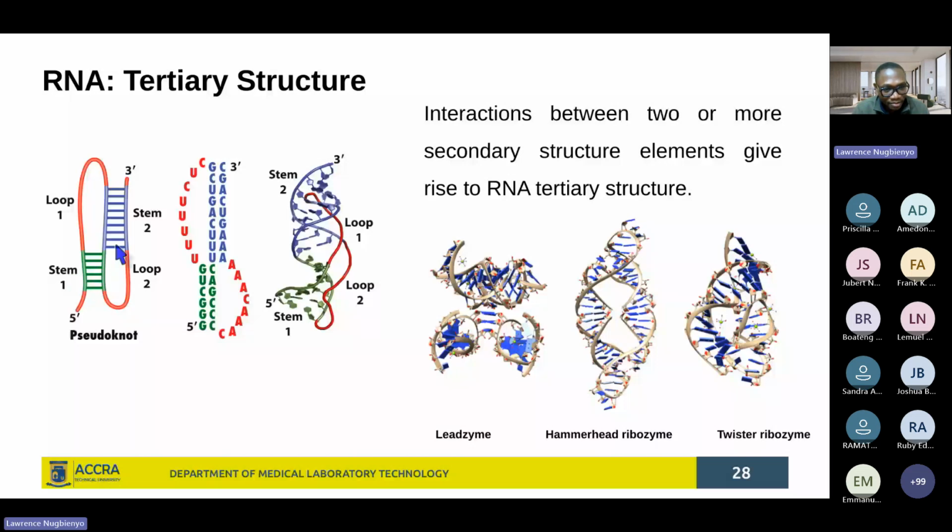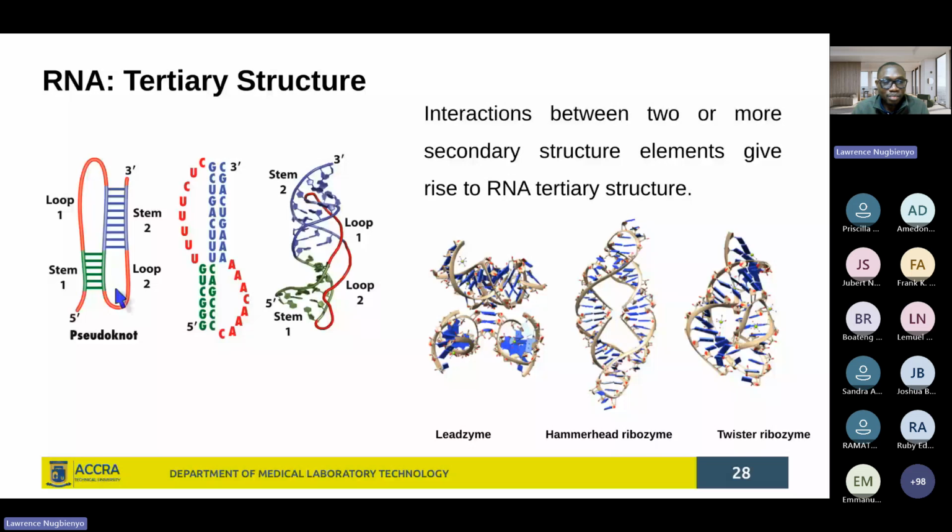And the second stem, when you have the strand looping up, you see a second stem that is labeled stem 2, which is having the violet color, also having hydrogen bonding between complementary base pairs. So what it means is that in this structure, this pseudoknot, you have two secondary structures.